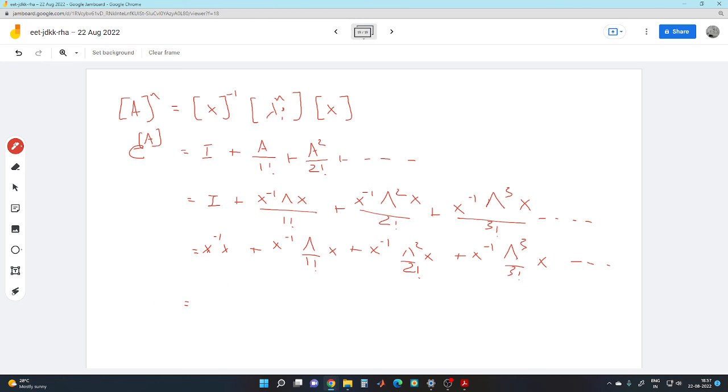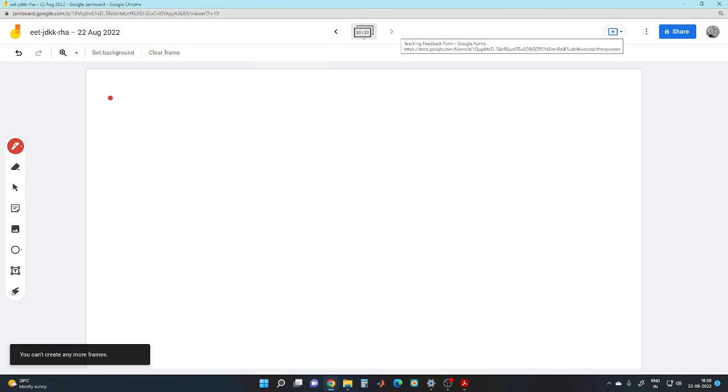So we can take X inverse on this side common, and we can give I plus lambda by 1 factorial, lambda square by 2 factorial, lambda cube by 3 factorial up to series, and on the other side we can have X. So we just need to solve this central value. So e raised to power A matrix is X inverse.